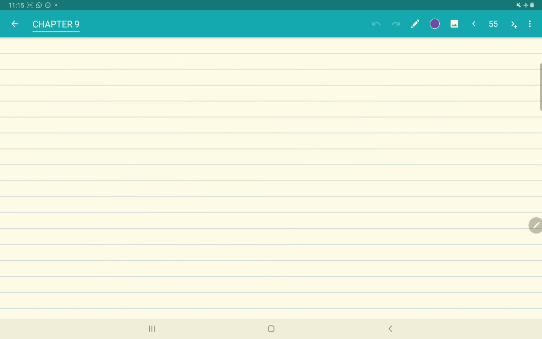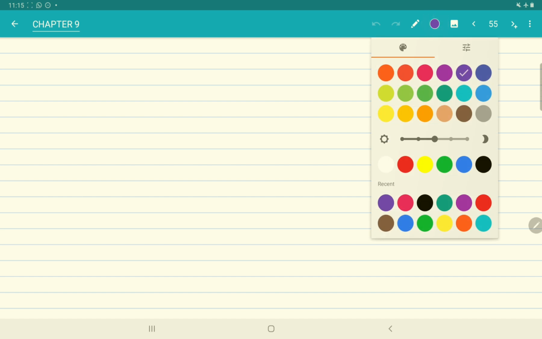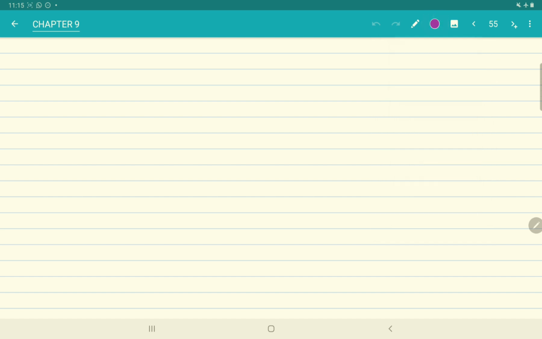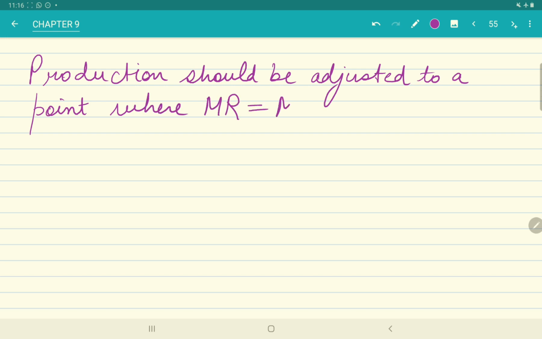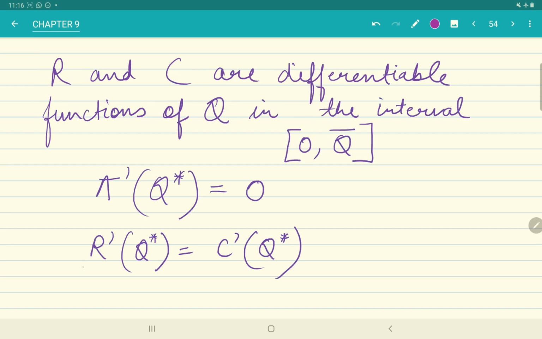So what we conclude here is that production should be adjusted to a point where marginal revenue is equal to the marginal cost, because we see r prime q star is nothing but marginal revenue, c prime q star is nothing but marginal cost.